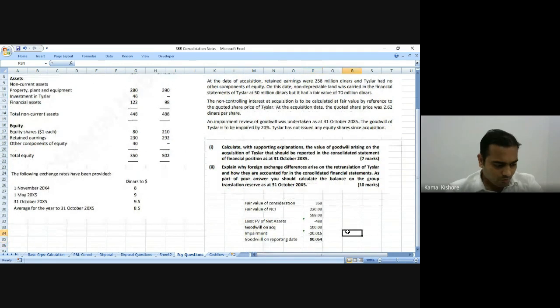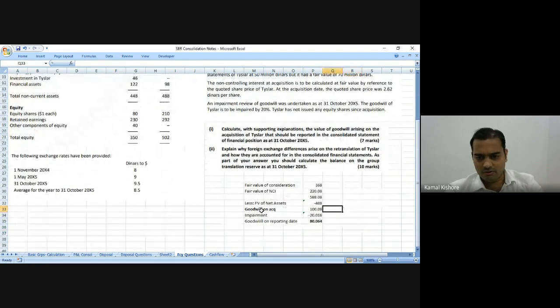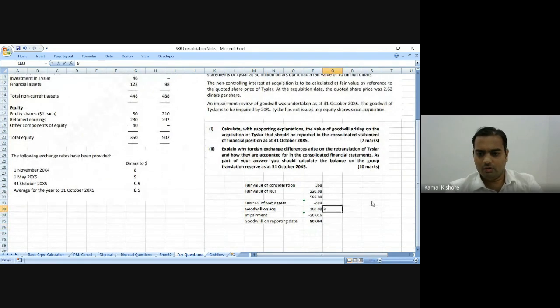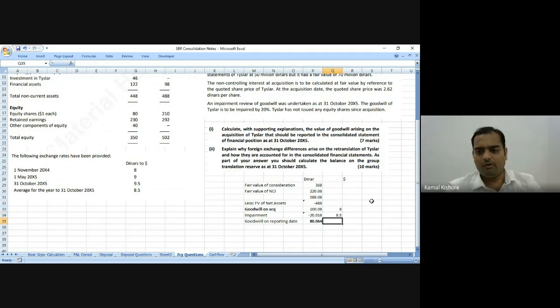Now how do we calculate this? Goodwill on acquisition, what was the exchange rate? 8. Okay, so this is all dinar and this is dollar. Impairment will be at the average rate, that is 8.5.